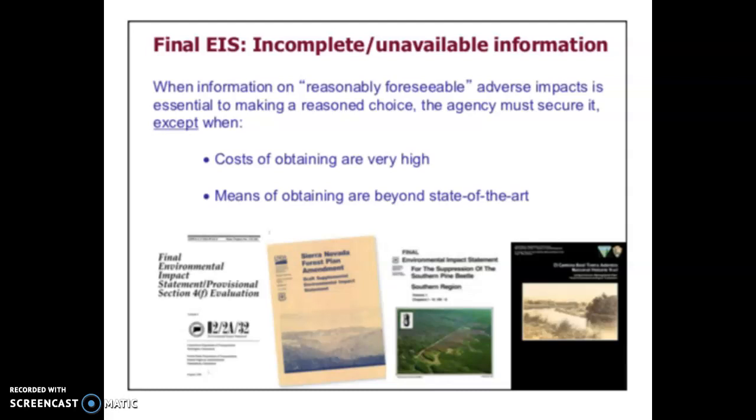This is where a lot of the legal issues come in, whether or not the best information or the most complete information was provided in the EIS. There are some exceptions that the agency can use: that the cost might be very high to obtain this information, where it's not feasible, or there's some sort of means of obtaining that information that is beyond state of the art.